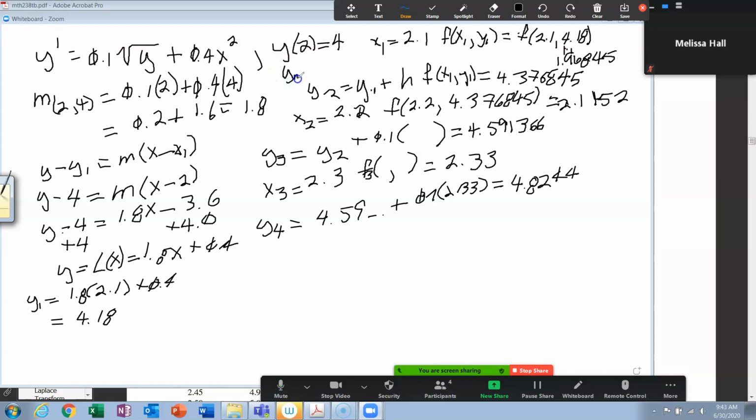y sub n is equal to y sub n minus 1 plus h times what I call f sub n minus 1 of x sub n minus 1, y sub n minus 1.